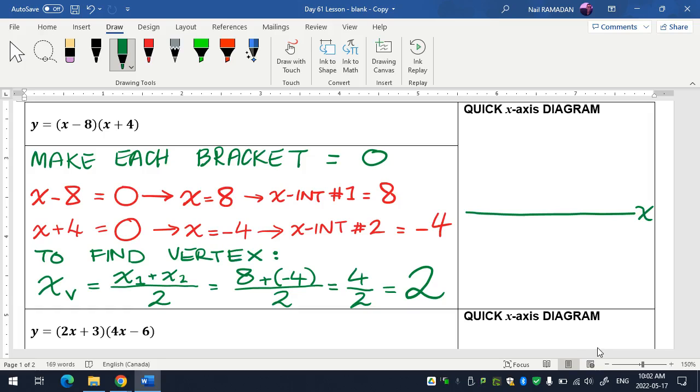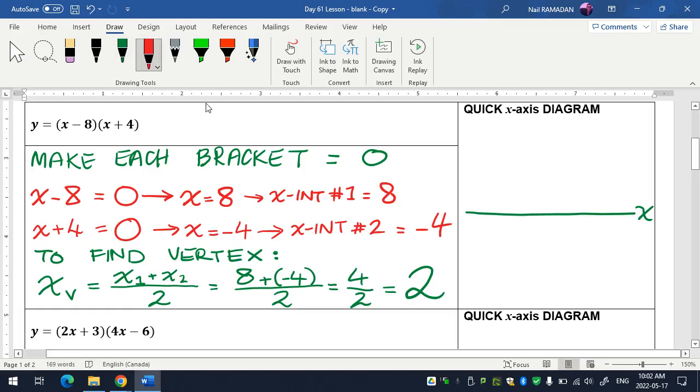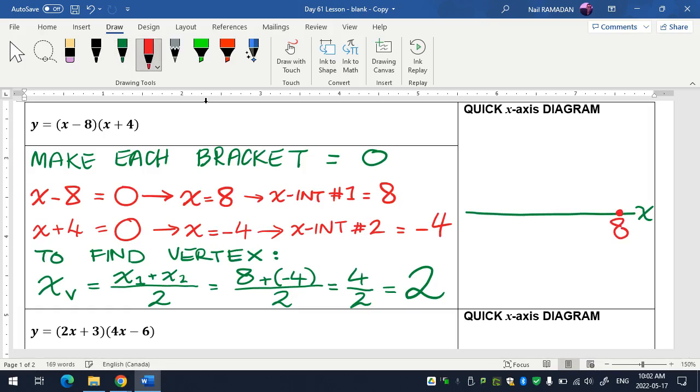So I'm going to put it in red. Oh, this is x1, this is x2. Yeah, I sometimes write them very quickly. That's why. I actually always teach very quick. Where is 2 here?